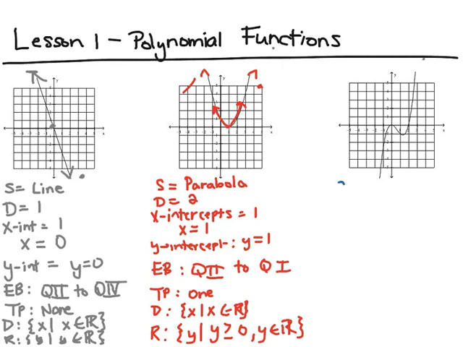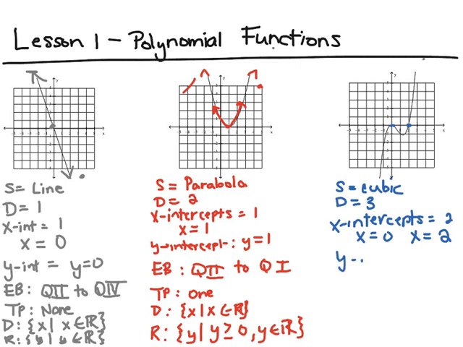For the last one, we see that the shape is cubic, which means that the degree is 3. There are 2 x-intercepts, one at x equals 0 and another one at x equals 2.